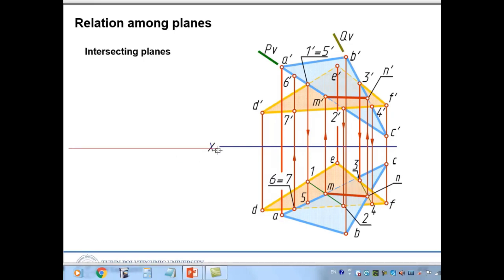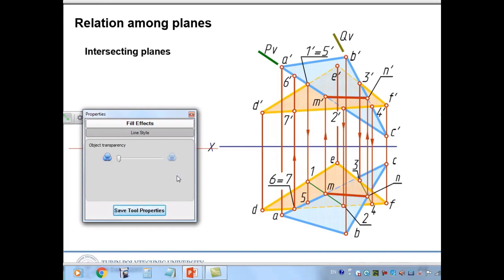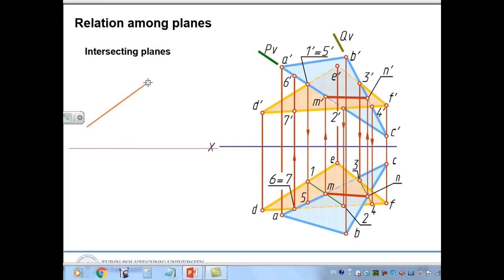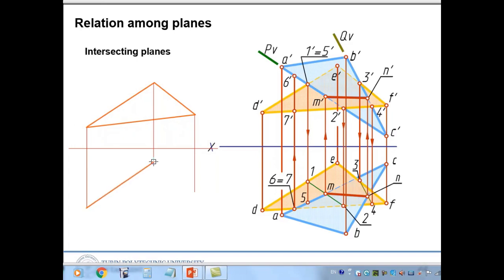So let's see them one by one. So the one plane is the orange line, given with orange color, triangle. Another plane is blue color one.